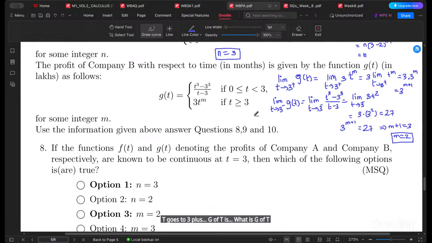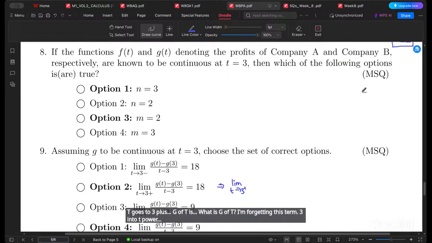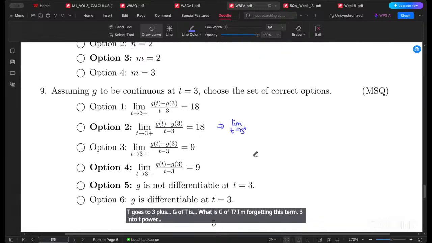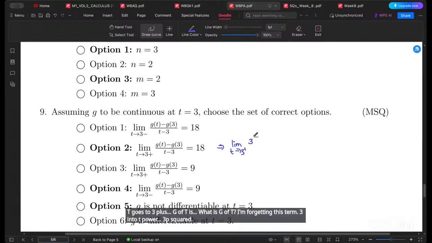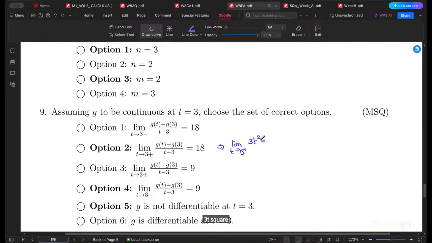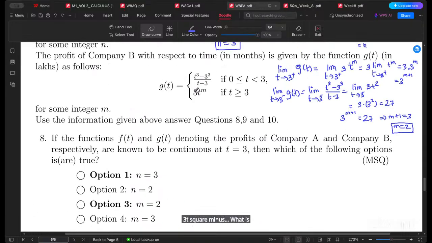I'm forgetting this term. 3 into t power 2, 3t square, minus, what is g of 3? Ma'am, g of 3 will come 27. Yes.